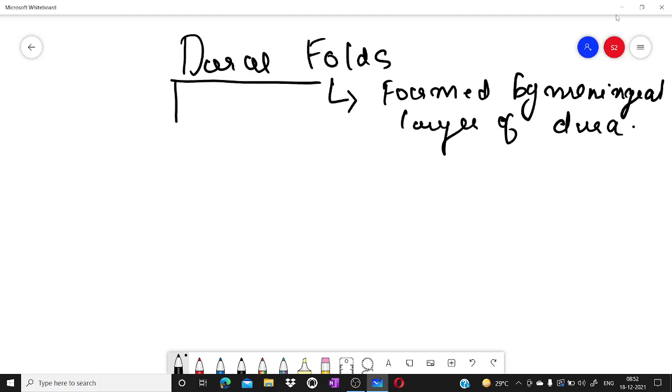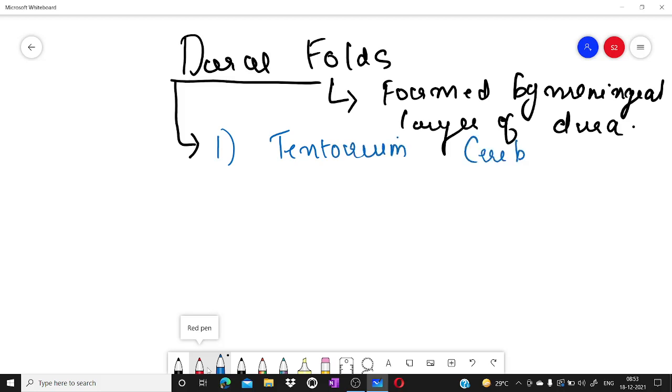So how many dural folds are there? The important ones I'm going to mention here. The first one we are going to discuss is the tentorium cerebelli. The second one is the falx cerebri.